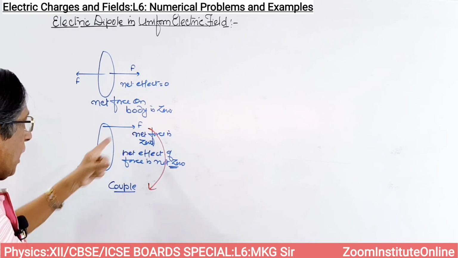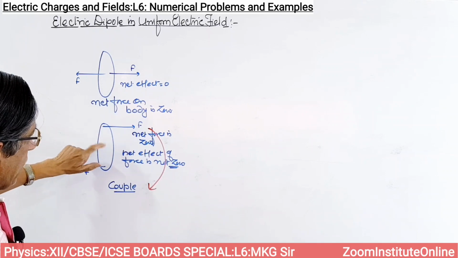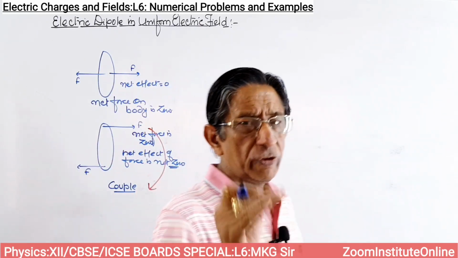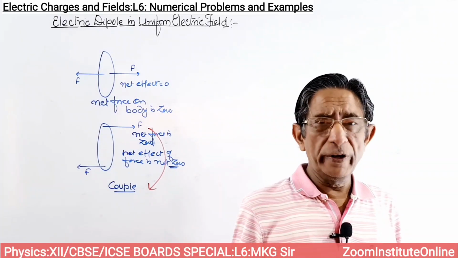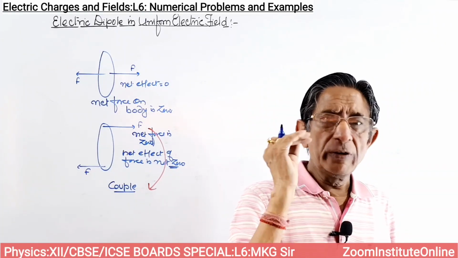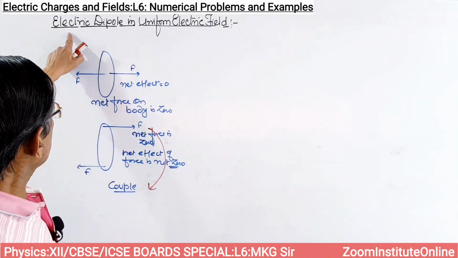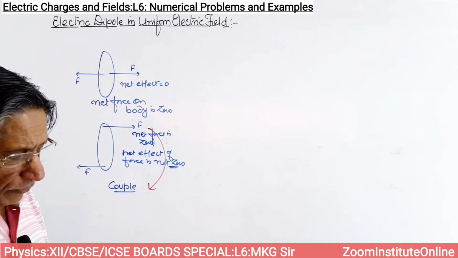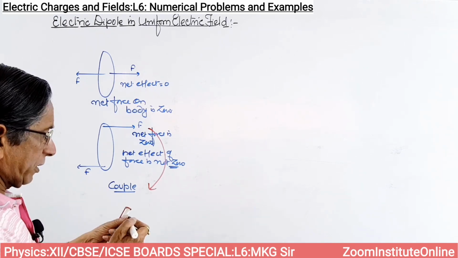Two equal opposite forces acting on a body which do not pass through the same point produce couple, and the couple has a tendency to rotate the body. So, this concept will be used in this topic, electric dipole in uniform electric field. So, now we are passing on to the topic, that is electric dipole in uniform electric field.